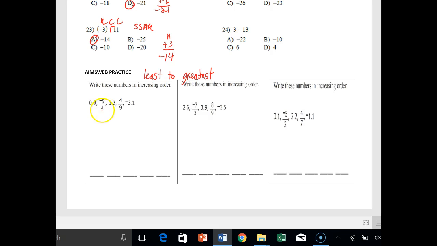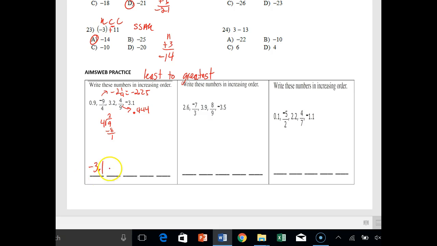So for negative 4/9, I'd say it's really negative. This is negative 2 1/4, which is really equal to negative 2.25. And then 4/9 is equal to 0.4444. So now we can order them from least to greatest. The most negative number I have here is negative 3.1.